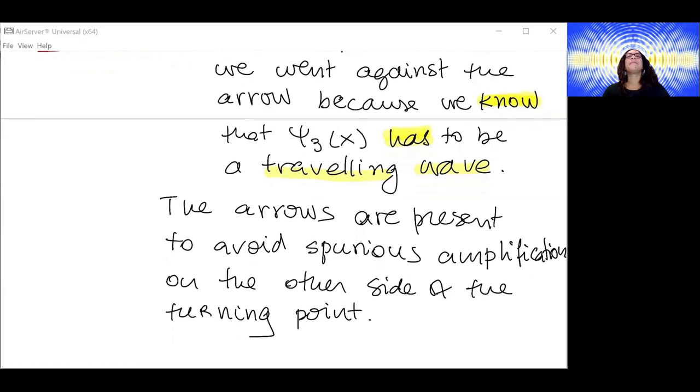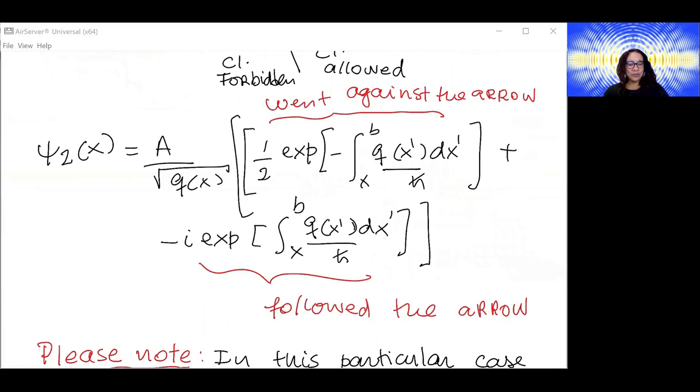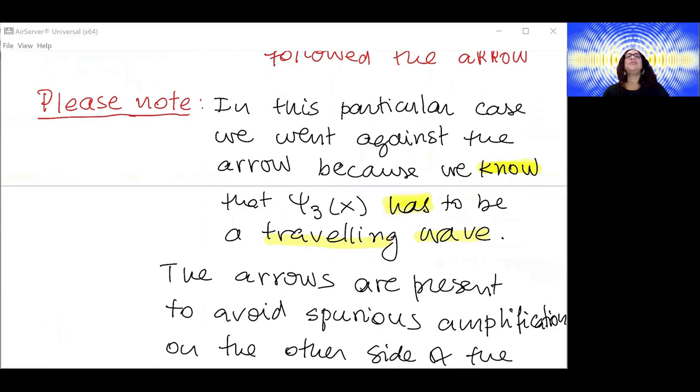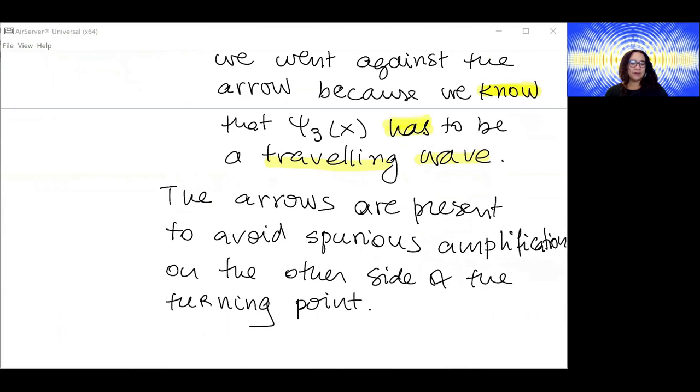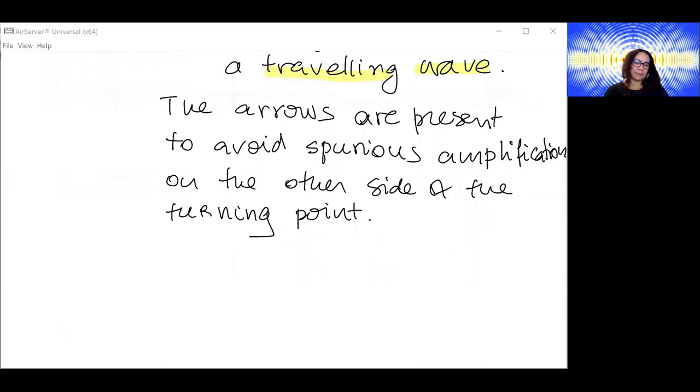And now we know how it looks for region 2, kind of. How about region 1? Let's try to write this for region 1 then. So in region 1, we're going to write the wave function, but we need to do some tweaking in the wave function region 2 so that we are able to use the connection formula. Okay?